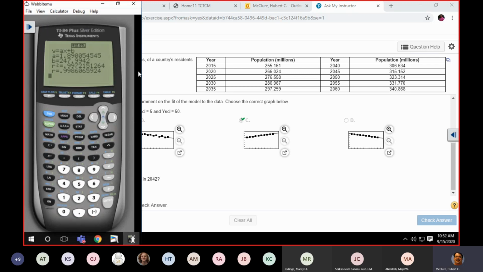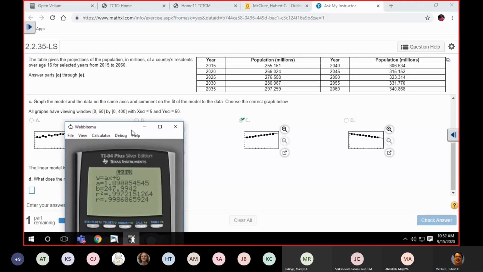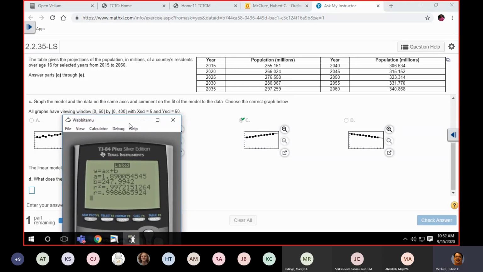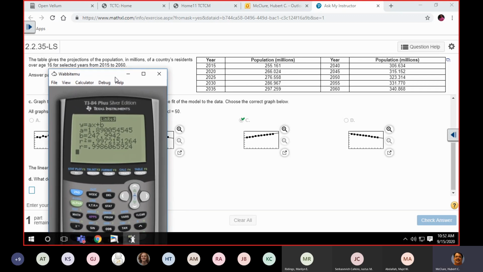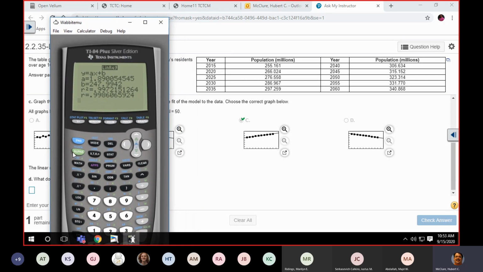How many years is 2042? That'd be what? 2042 would be from 2010. Would that be 32? Yeah, right? 32. So go to second table and X, find 32. It looks like it'll be 54.481.